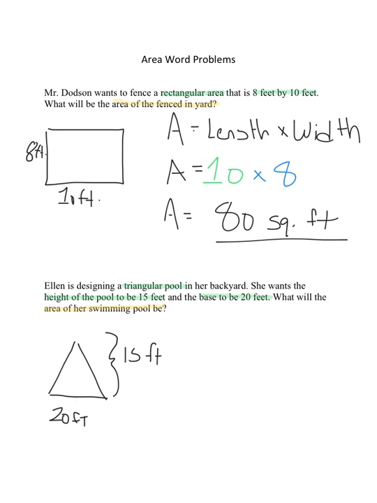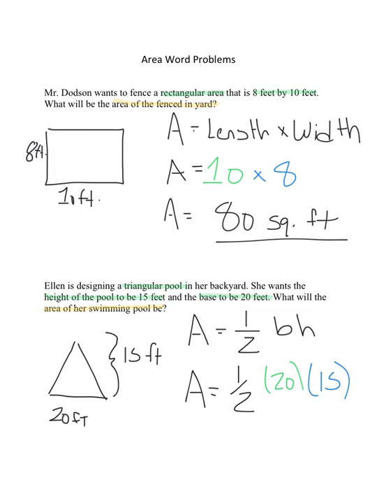Now we're dealing with a triangle here. So to find the area, we have to use our formula A equals 1/2 base times height. Let's plug in A equals 1/2. Let's plug in for our base, which is 20. And let's plug in for our height, which is 15.